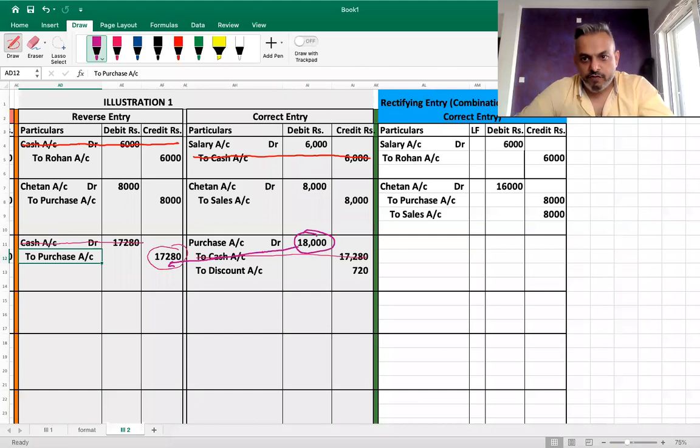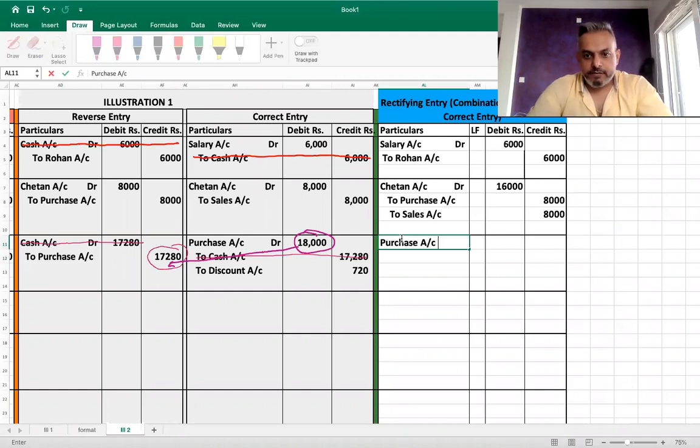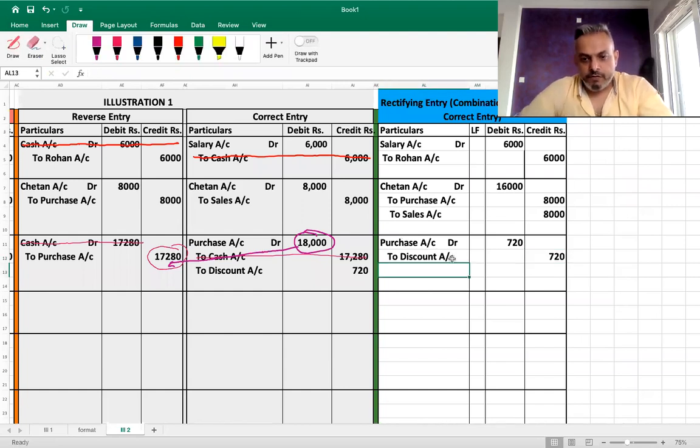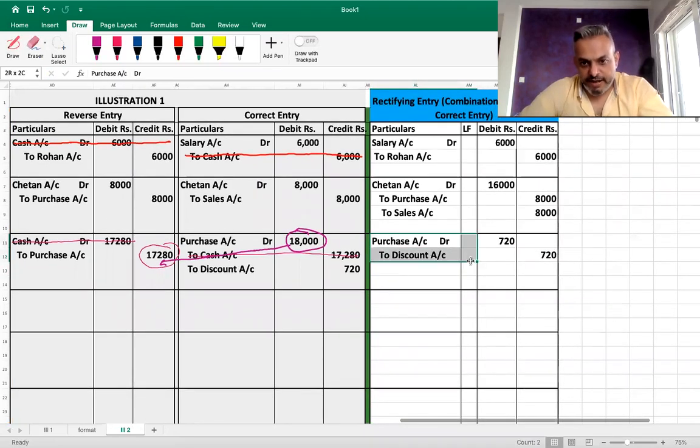So let's write now: purchase account debit 720 (18,000 minus 17280) and to discount account 720. So this will be your rectifying entry.